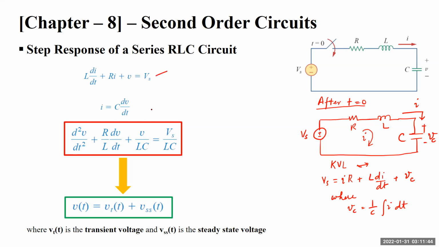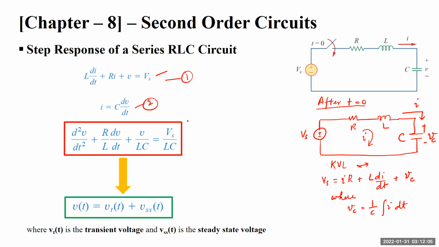Using these two equations, which I call equation number 1 and equation number 2, what we get is d²v/dt² plus R/L dv/dt plus v/LC equals Vs over LC.